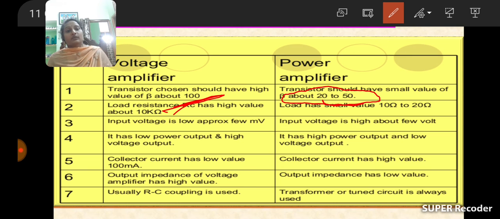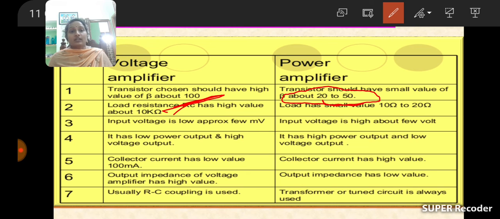Why do power amplifiers have only 10 to 20 ohms, and why is the gain also less? In voltage amplifiers, much more gain is there, so to transfer that gain from one stage to another, it must be done with the help of high loads, 10 kilo ohms. And here the input voltage is low, approximately a few millivolts only.